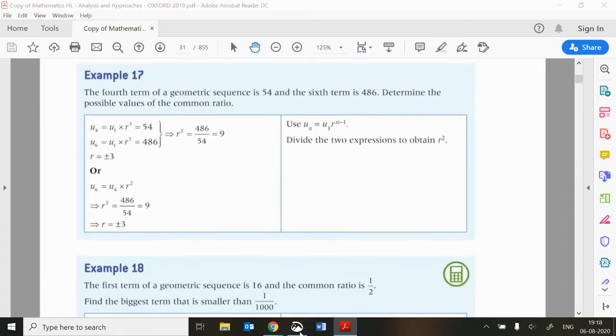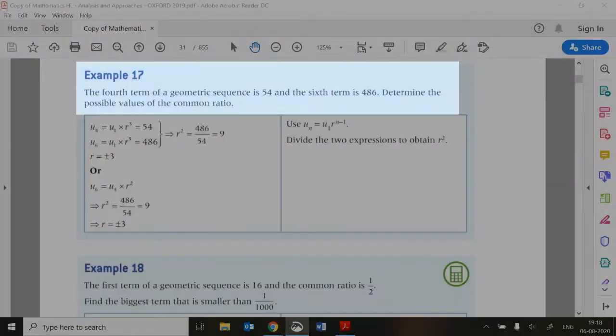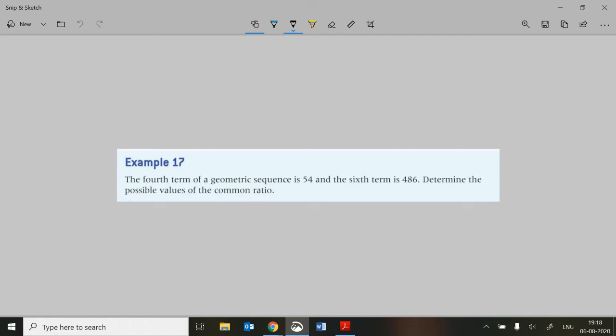Okay, right, example 17. We are really motoring. Again, feel free to stop these and have a go at it yourself, or wait for the answer, or get the answer afterwards. The fourth term of a geometric sequence is 54.